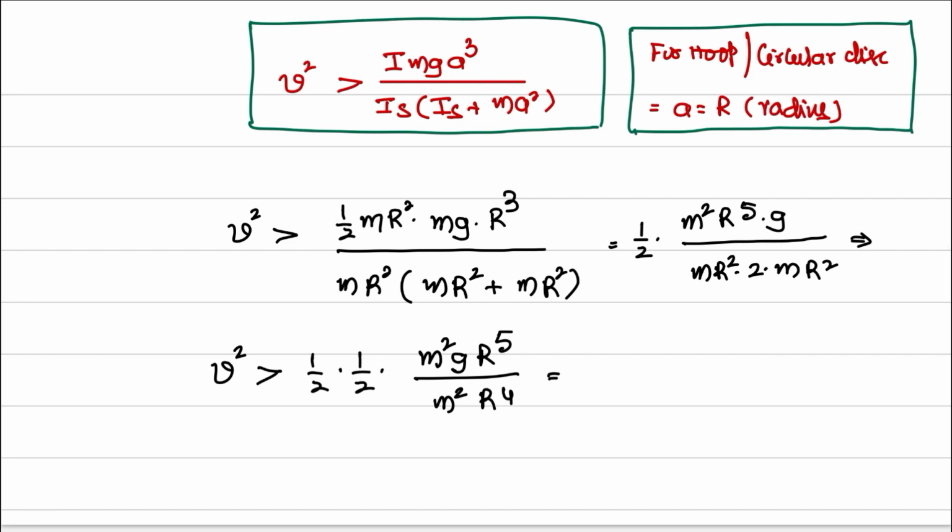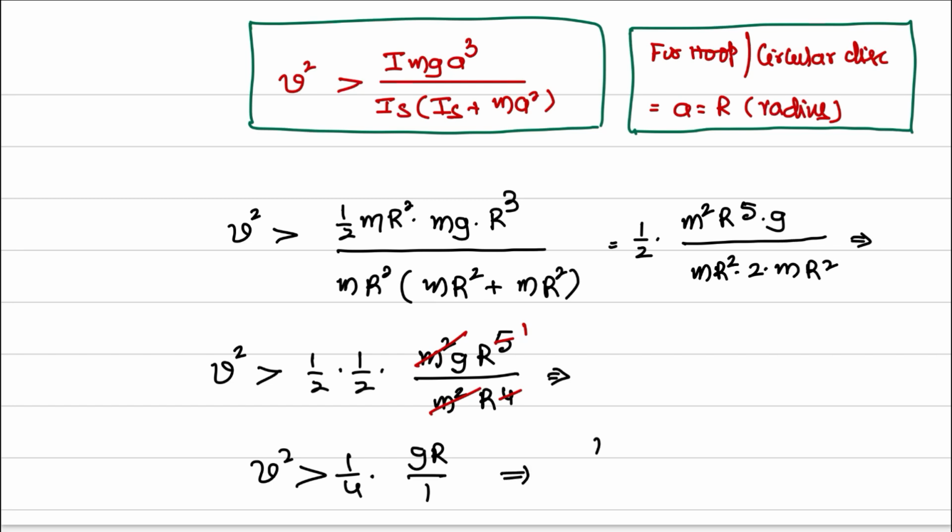That implies m square will get cancelled, r to the power of 4 will get cancelled, and it will be 1 by 4 into gr by 1.